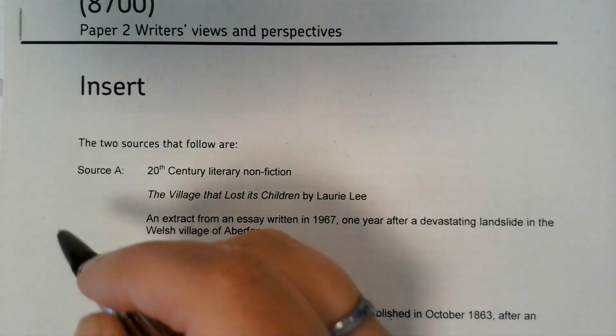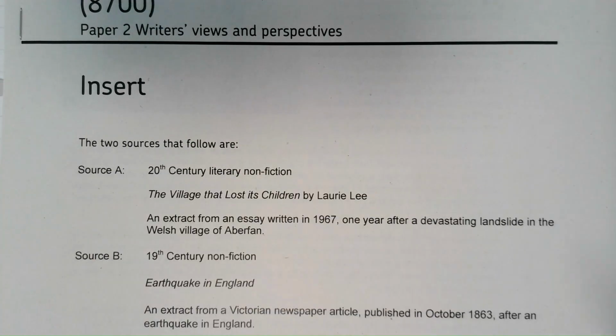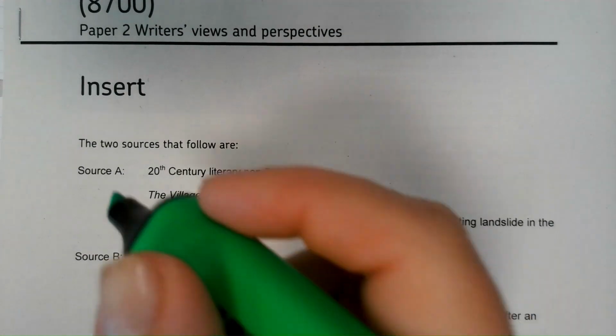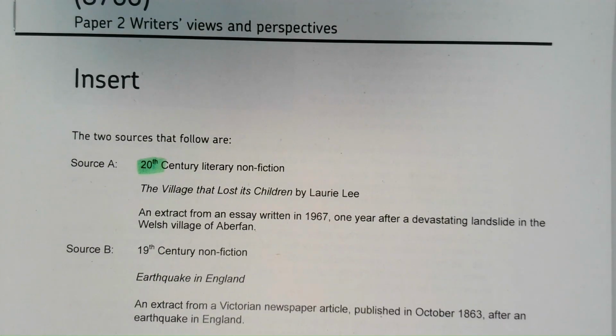For language paper 2, we have two sources. So there's quite a bit of reading. It can be overwhelming, and there are ways to chunk up the reading if we want to manage that cognitive load. So we'll look at that as we're going through the paper. One of your sources will be a modern source, that's 20th century and beyond.